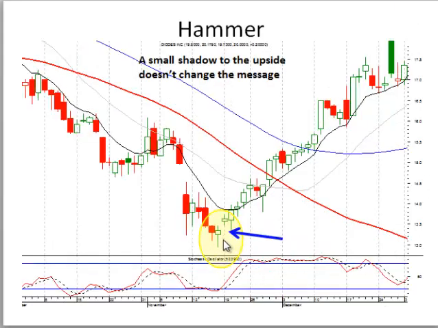A hammer signal is predominantly with the body at the top end of the trading range. However, if there is a slight shadow above the body, that doesn't detract from the fact that the big shadow to the downside still indicates that the bears were knocking it down before the bulls stepped back in.